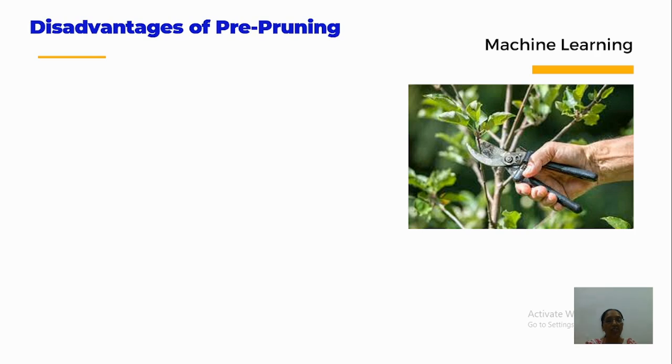Now we will understand the disadvantages of pre-pruning. The first one is the underfitting risk. If the maximum depth is equal to 2 or 3, then how can we get to know whether the model reduces the overfitting or is converted into underfitting?